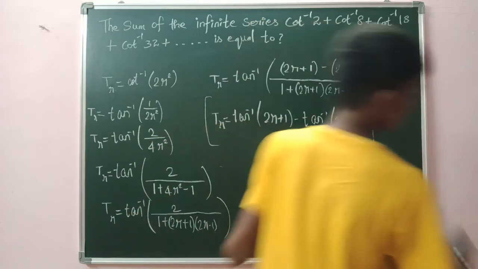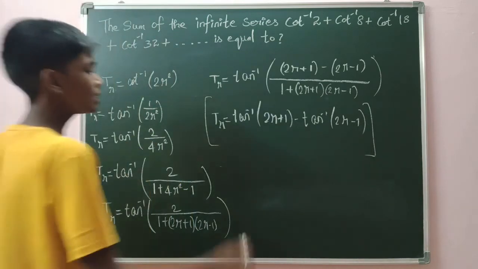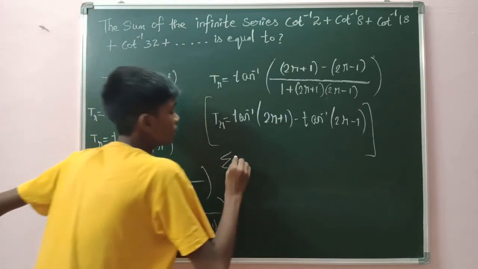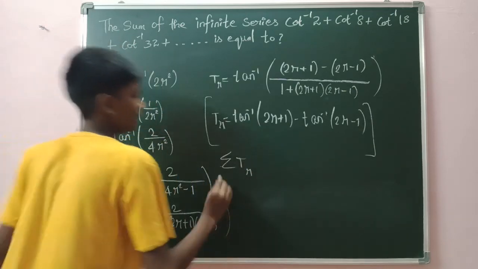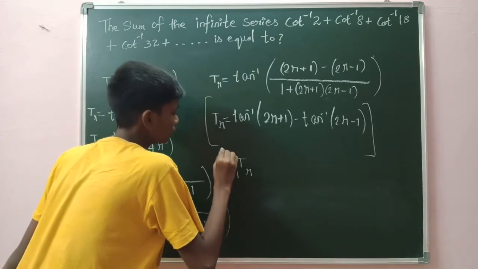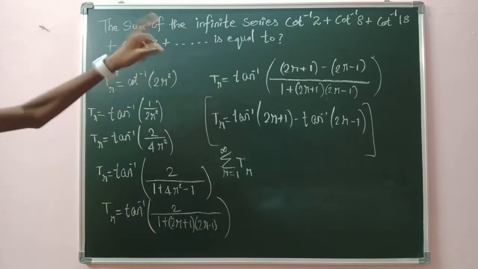Okay, so now what you will do is, it's very simple. In the question it is given as a summation of an infinite series. Infinite series means summation of TR from r is equal to 1 to infinity. Correct now? That is what will give us the summation of this infinite series.